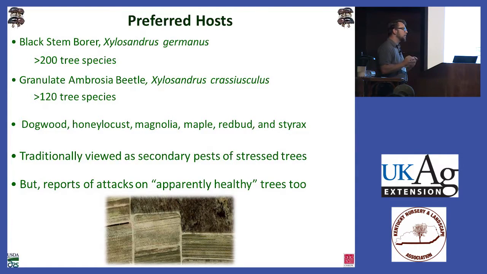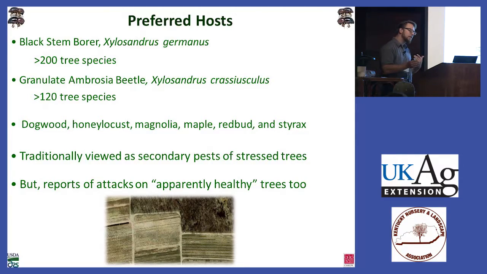Now, an important concept that will come up throughout the seminar is the role of host quality, the role of the actual tree, the physiological status of the tree. So these insects have traditionally been considered secondary pests of stressed trees. But there's reports of attacks on apparently healthy trees.